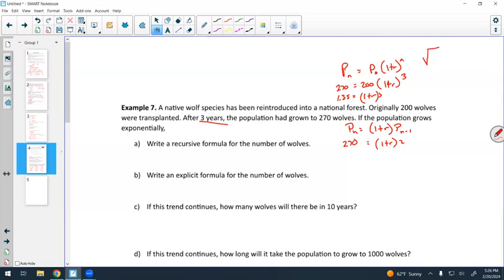I can take the cube root of both sides. On this side, I simply get 1 plus R. I can take 1.35 caret, open parentheses, 1 divided by 3, and I should get 1.1052.